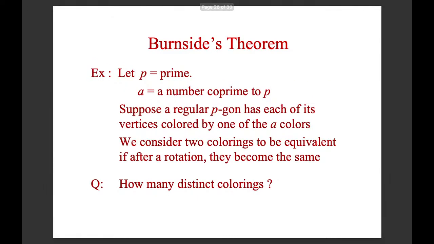And then another one. This time it is a polygon, a p-sided polygon where p is a prime number. For this one, we have p different permutations to consider. For the identity permutation, there are a to the power p invariants, where a is the number of colors. But for all the remaining, because p is a prime number, you can easily check that in order for a rotation by any number of vertices to remain the same, all the vertices have to be colored in the same color.